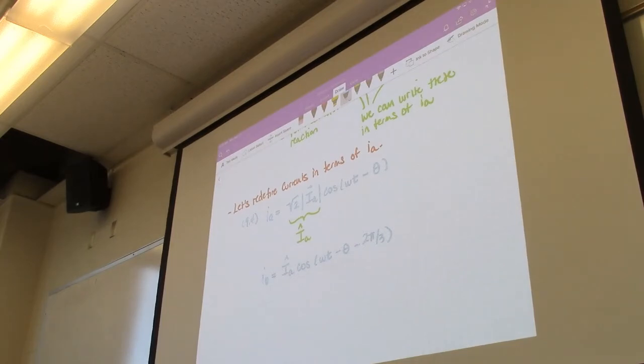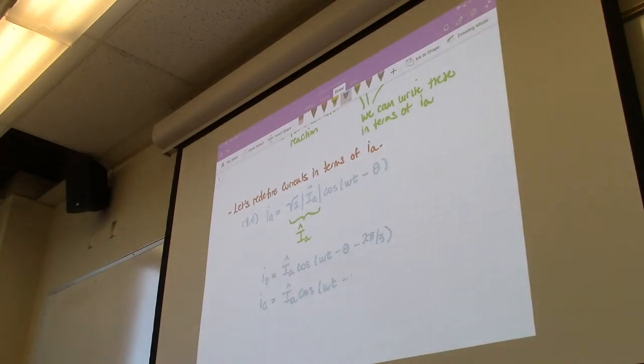And IC, same thing. Same amplitude, cosine of omega t minus theta, minus, or we could do plus 2 pi over 3.